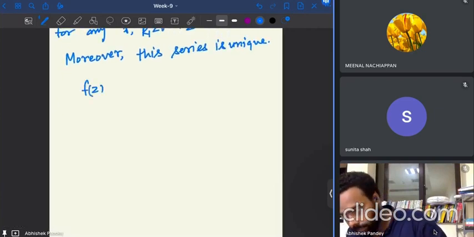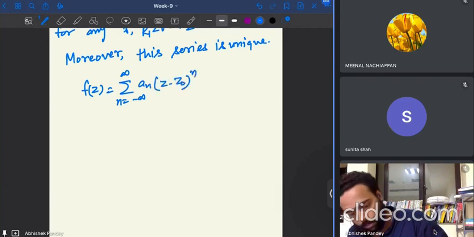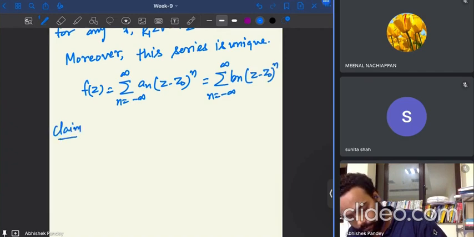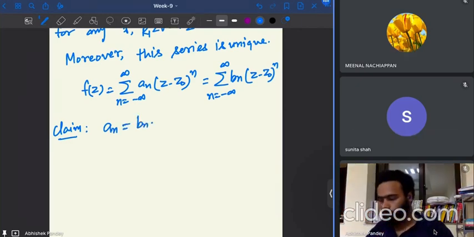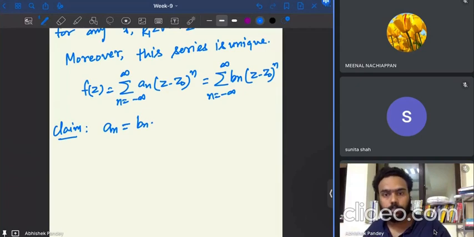Suppose f(z) is the sum from n equals minus infinity to infinity of a_n (z minus z naught) to the power n, which is also equal to some other series expansion, the sum of b_n (z minus z naught) to the power n. So your claim is a_n equals b_n. Okay, so this is the meaning of uniqueness.